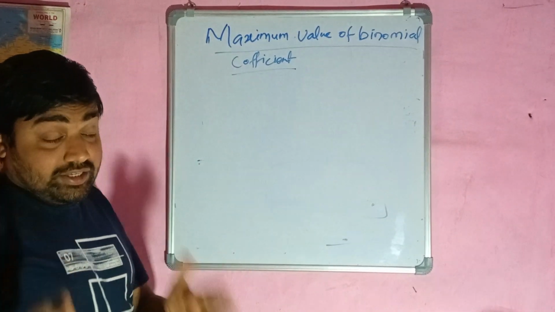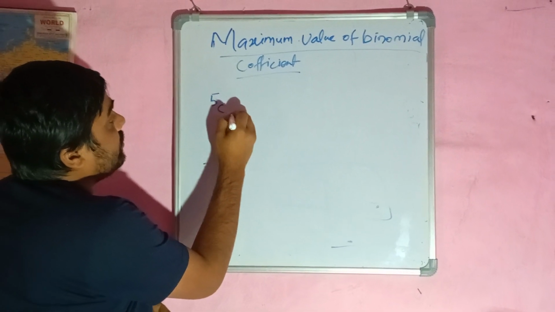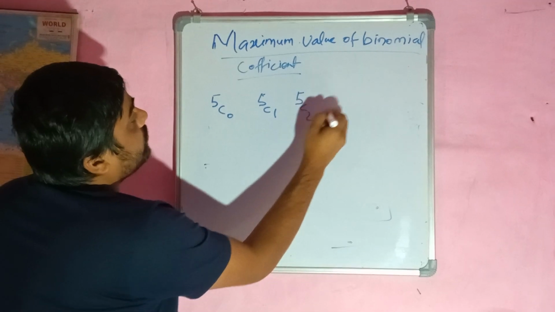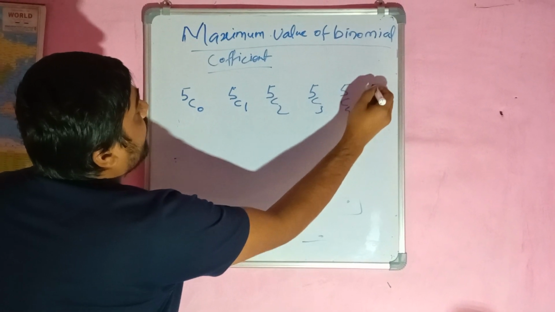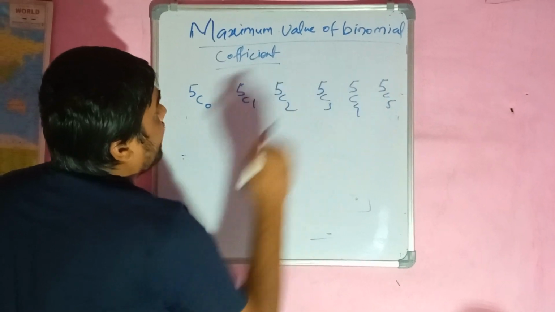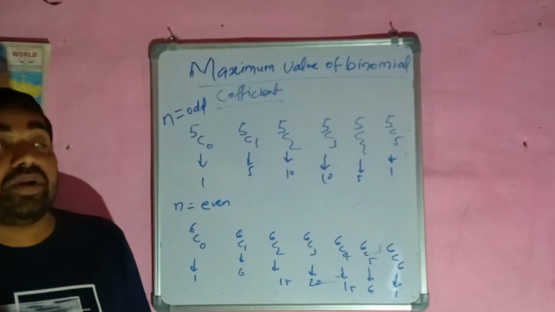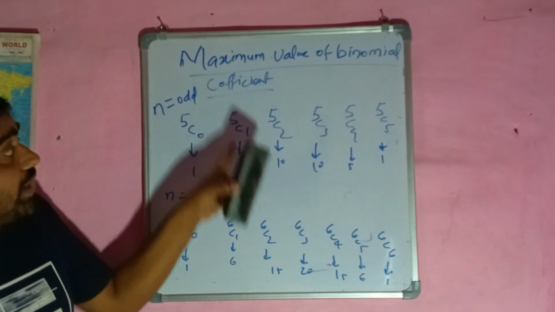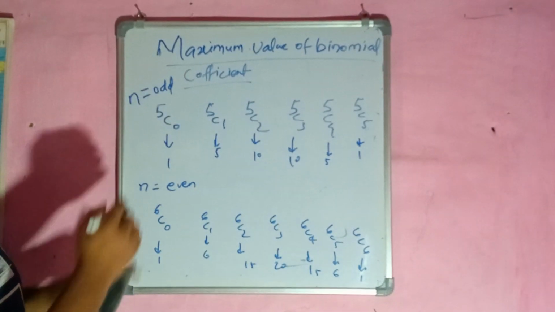So if I give you the example, just write down 5C0, 5C1, 5C2, 5C3, 5C4 and 5C5. Understood? So here what n is. If I give you 5C0, 5C1, 5C2, 5C3, 5C4, 5C5, here n is odd.